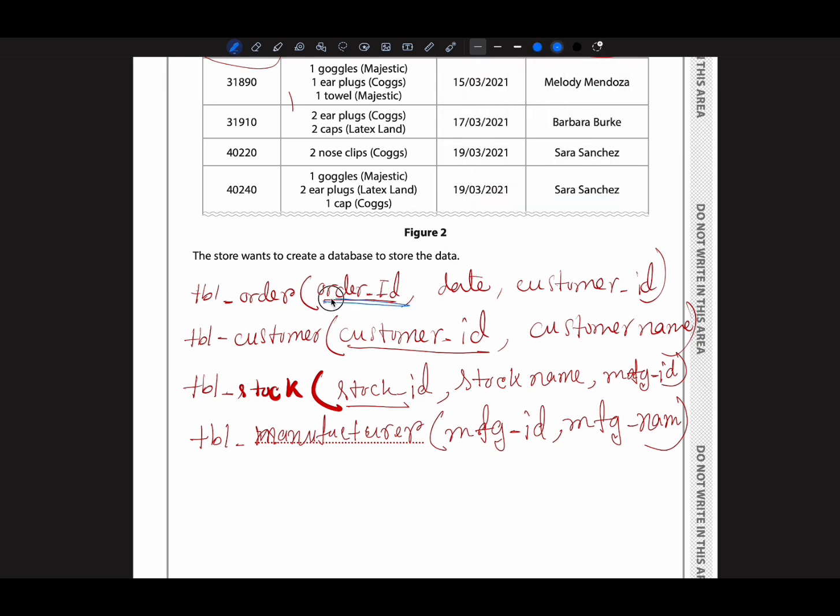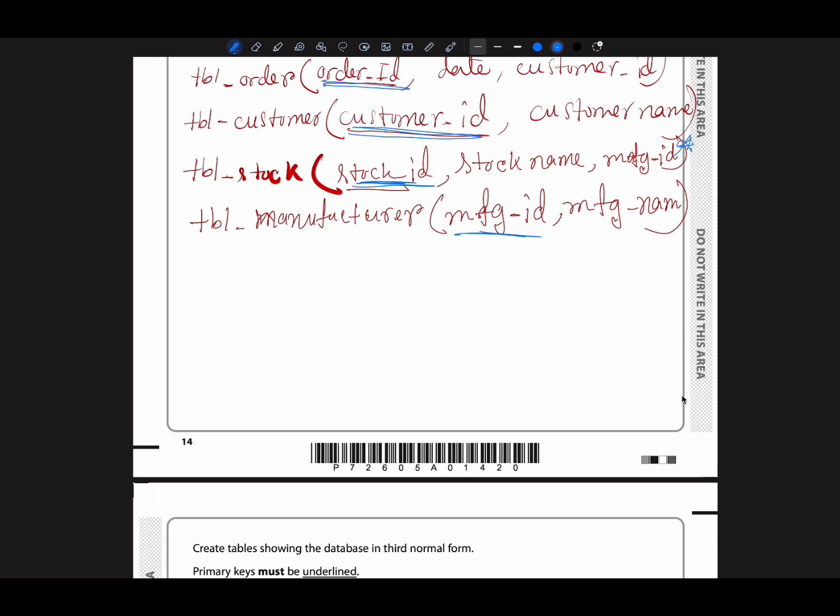So this one will be the primary key for order, this one will be the stock ID primary key, this one will be the manufacturer. Whereas for the foreign key, because customer ID is a primary key in customer, when I take it to the order table it becomes a foreign key. Stock ID, here it's okay. Manufacturer ID is the primary key for the manufacturer, so in stock this one will be the foreign key, right? So this will be the answer for question number 5.